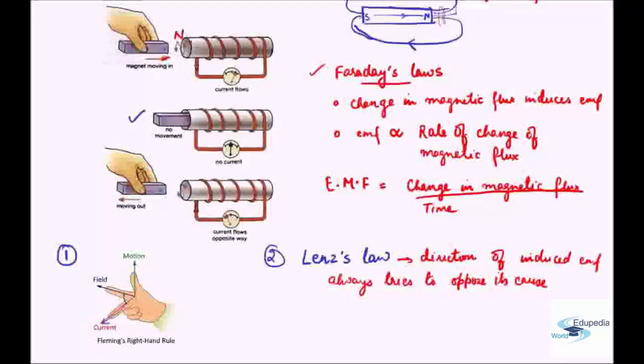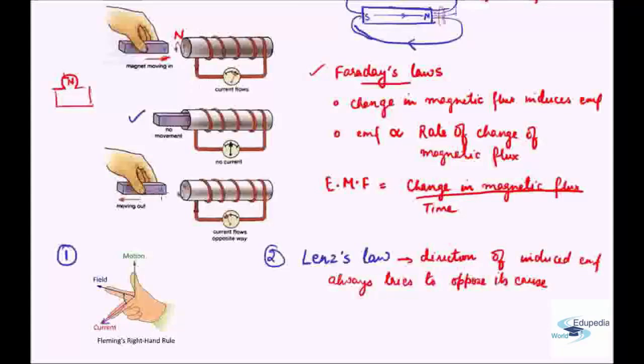Only when this end develops a north pole will it try to repel away the magnet. And once we know that this end is the north pole, then we already know this simple theory that for this to be the north pole, the current should move in an anti-clockwise direction. Thereby, we can say that this should be the direction of current.